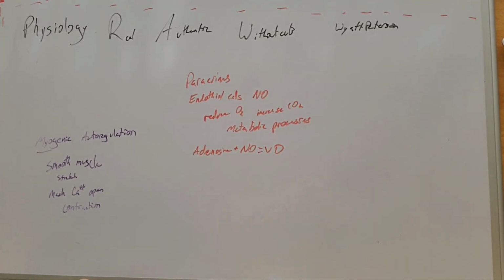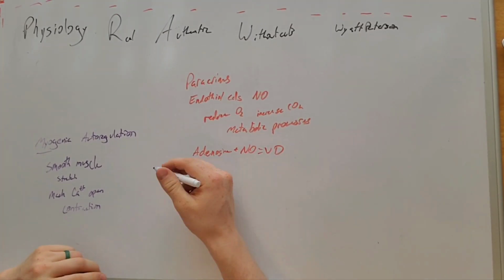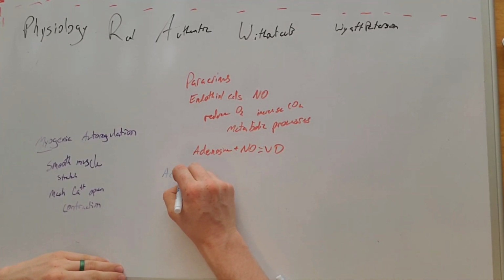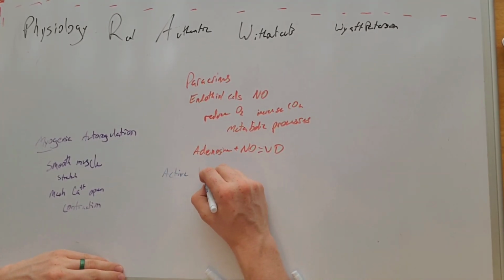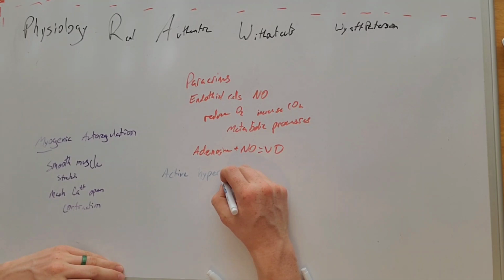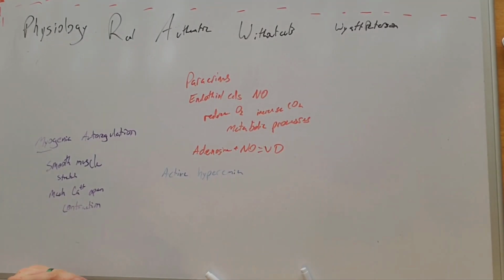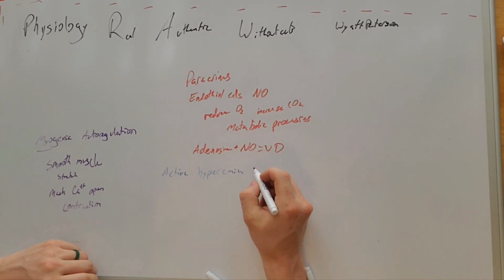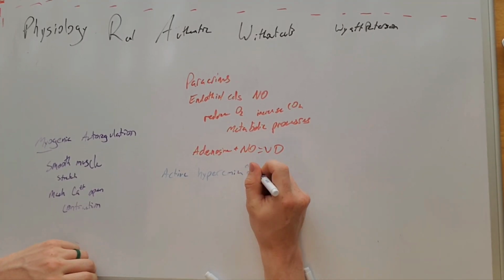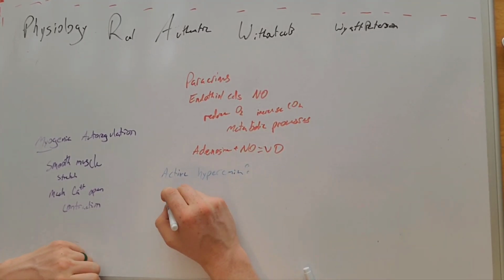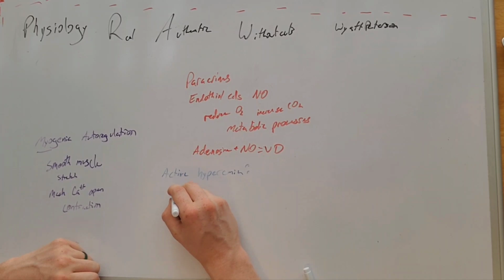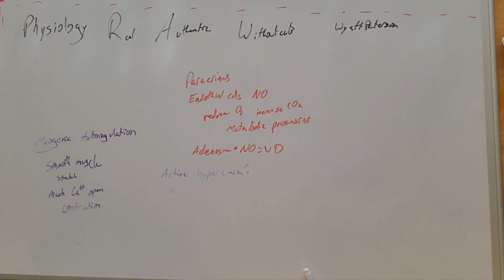Okay, so I think it'd be more important to talk about specifically the active hyperemia, and then the reactive hyperemia, but we're going to start with active. So this is when increased metabolic processes are happening. So, I'm going to use a different marker, I guess.